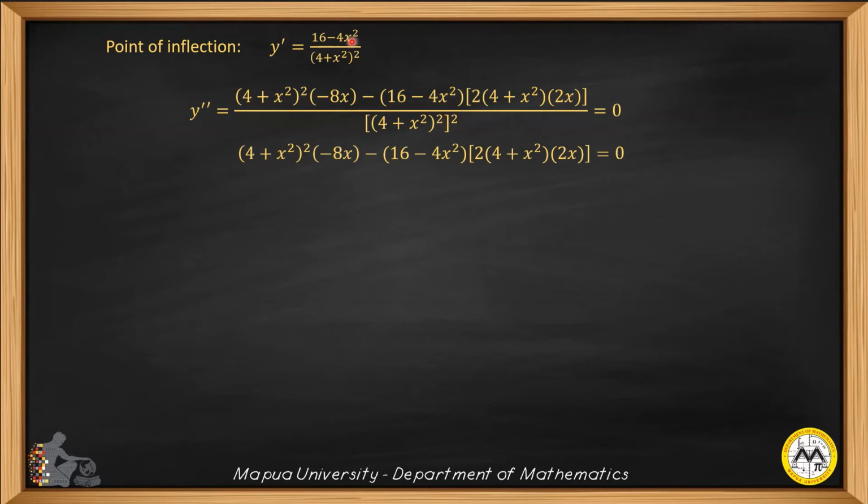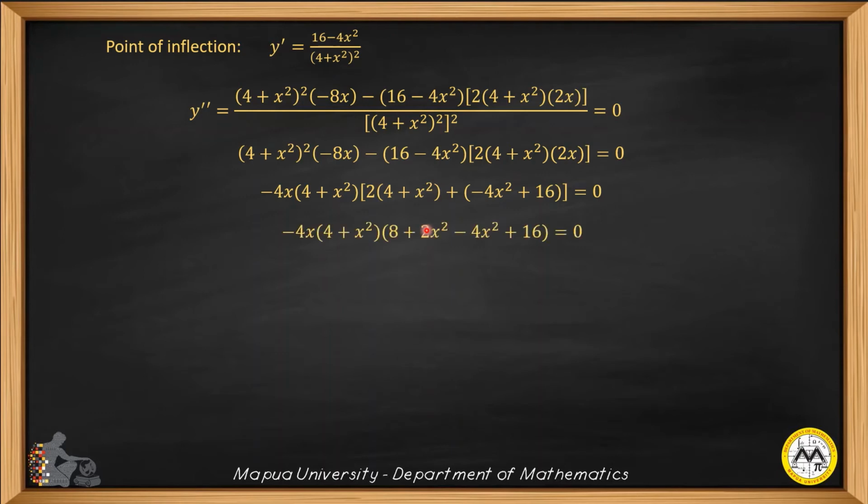So this fraction would be 0 when the numerator is equal to 0, and if we simplify the form of the numerator doing proper algebraic procedure as shown here, we just simplify 2 and -4x times 4 plus x squared times -2x squared plus 24, the product of which is 0.